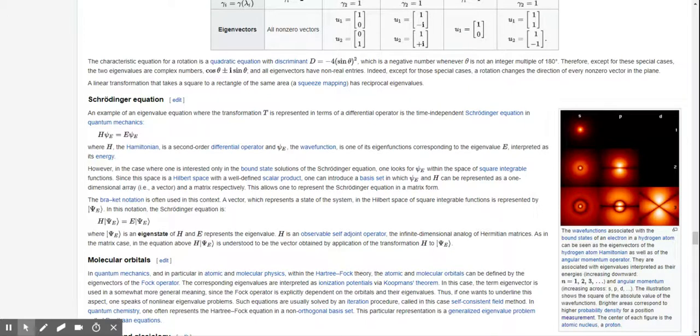The wave function is one of its eigenfunctions corresponding to the eigenvalue E, interpreted as its energy.